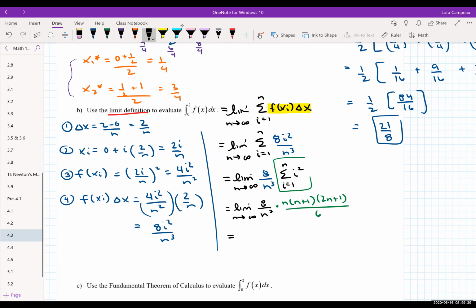So what I might do is limit as n approaches infinity. If you feel like reducing, what do we have? 2 goes into 6 3 times, 2 goes into 8 4 times. So I'll have this 4 over 3.